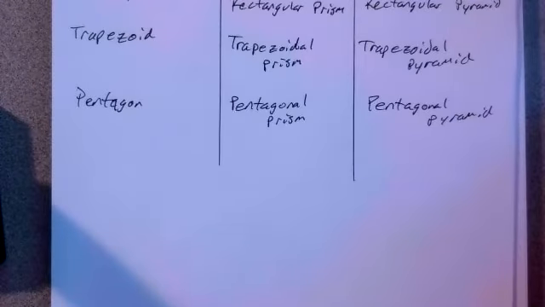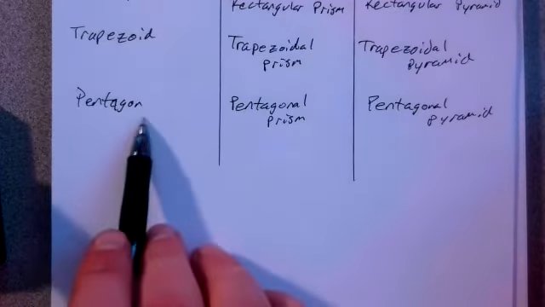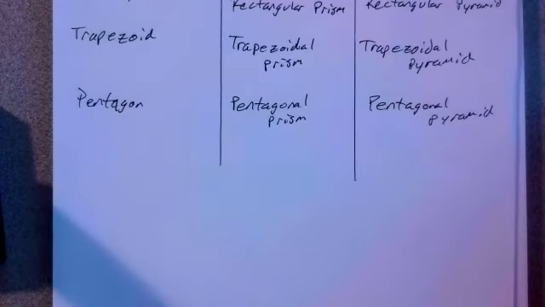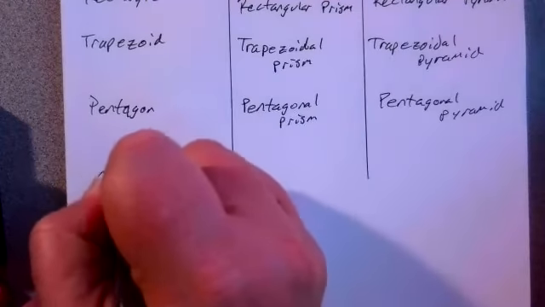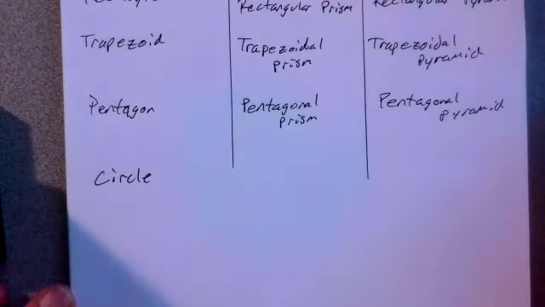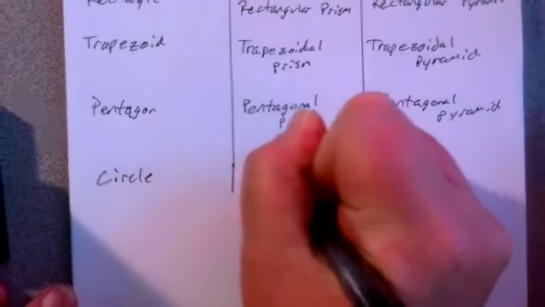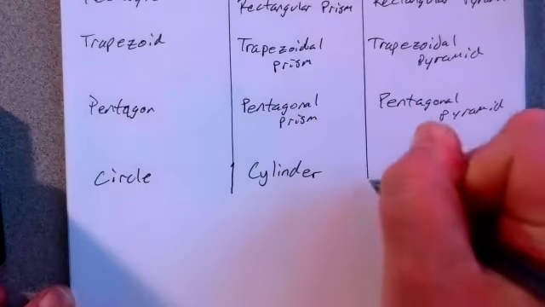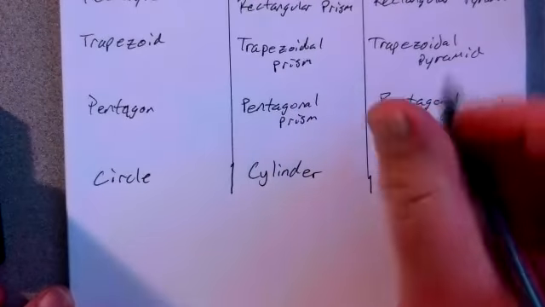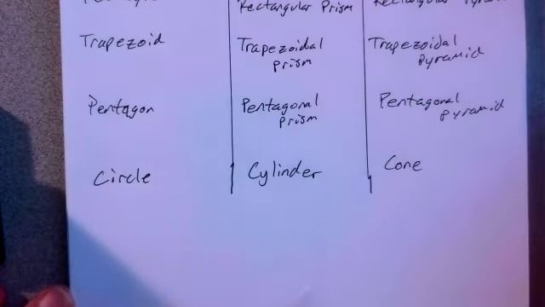There's something like hexagonal, heptagonal, octagonal, all of those. You just put an AL on the end of the word. Now, what if the base is a circle? It's not called a circular prism, it's called a cylinder. And it's not called a circular pyramid, it's called a cone.